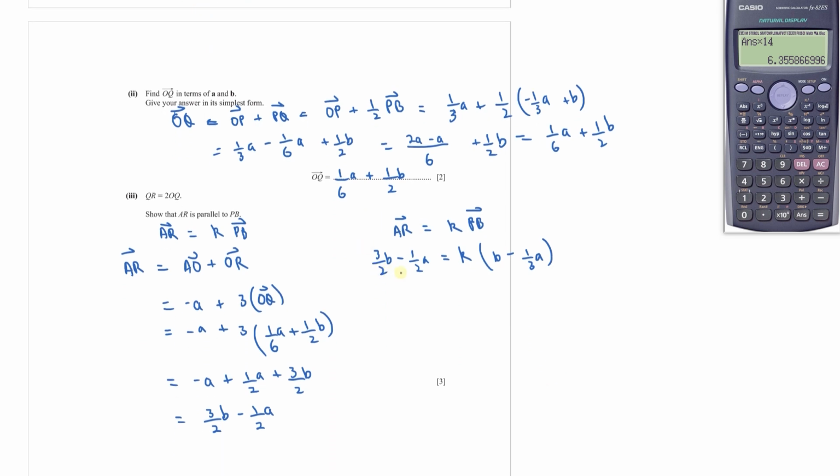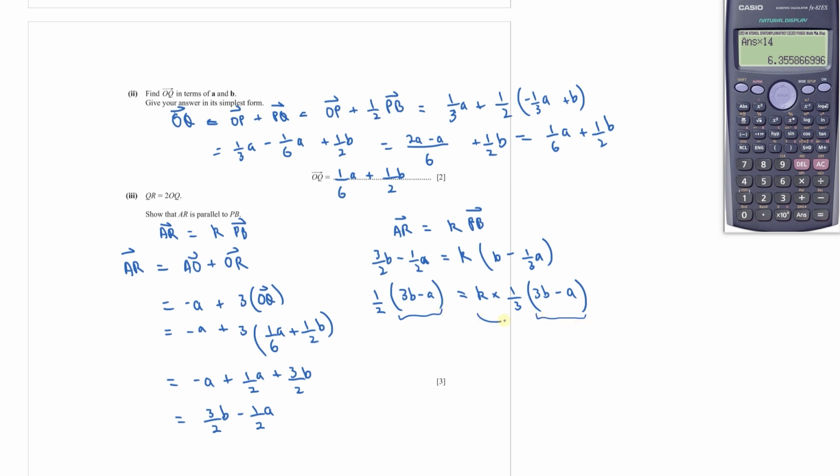Now if I take 1 by 2 common on the left side, I'm left with 3b minus a. And if I take 1 by 3 common here, this will be k into 1 by 3, and this b will become 3b, because if I bring this back in, the 3 and 3 will cancel out and I'll be left with b again. So this is 3b minus a here, and this is also 3b minus a here.